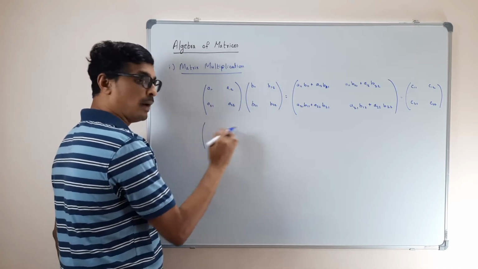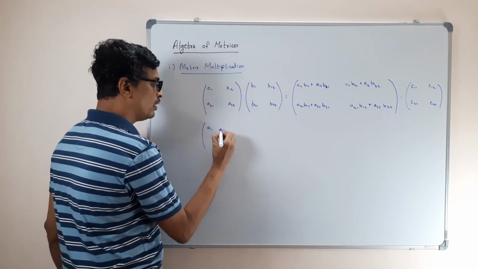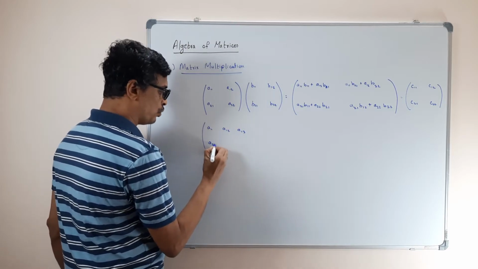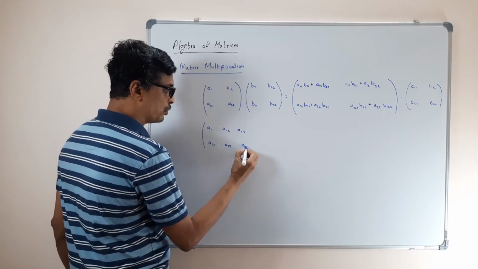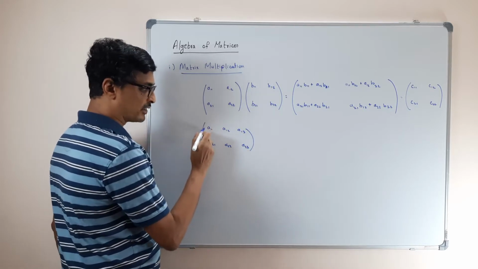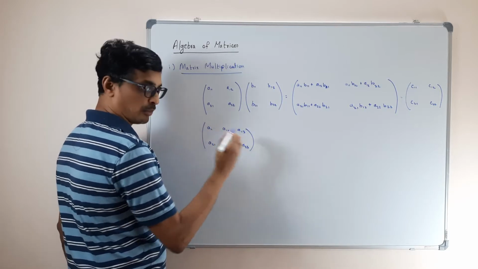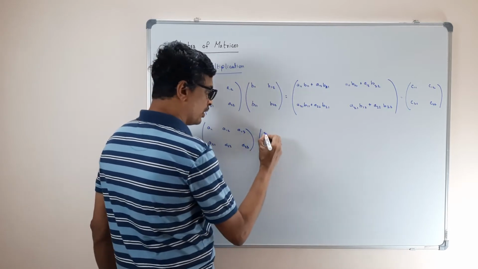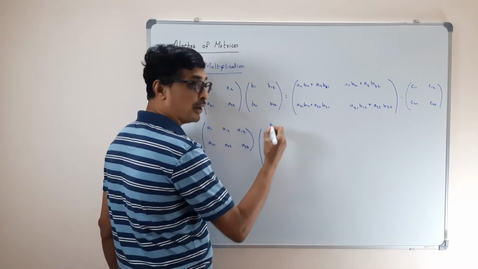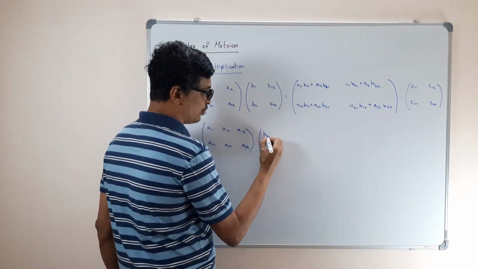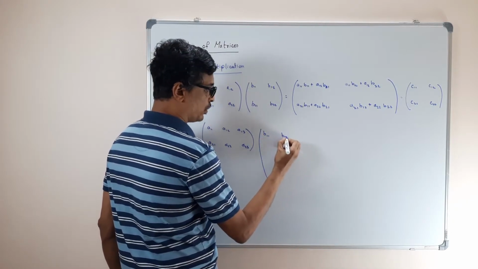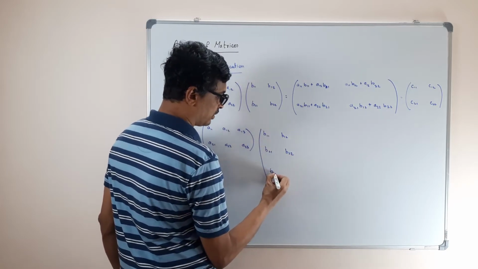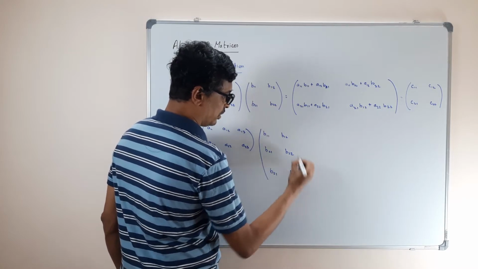If I give you 2 by 3, that means A11, A12, A13, A21, A22, A23. This is a 2 by 3 matrix, right? It has 2 rows and 3 columns. So if I am multiplying this with another matrix, I'll put 3 by 2: B11, B12, B21, B22, B31, B32.